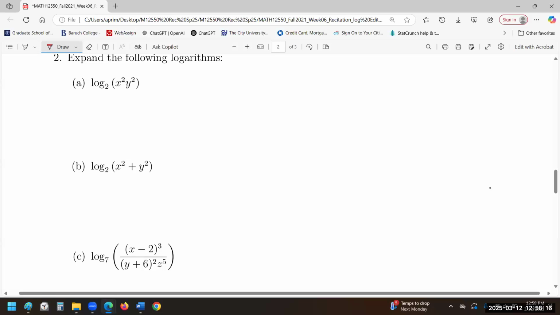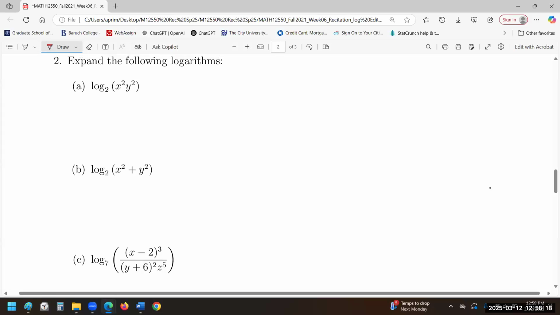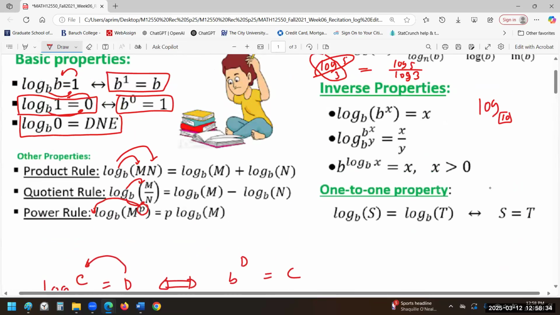Okay, the next one says expand using logarithmic properties. Definitely there will be one in the exam from here. So expand based on whether you have a multiplication, division, or exponent, we use the properties. The properties I showed here.